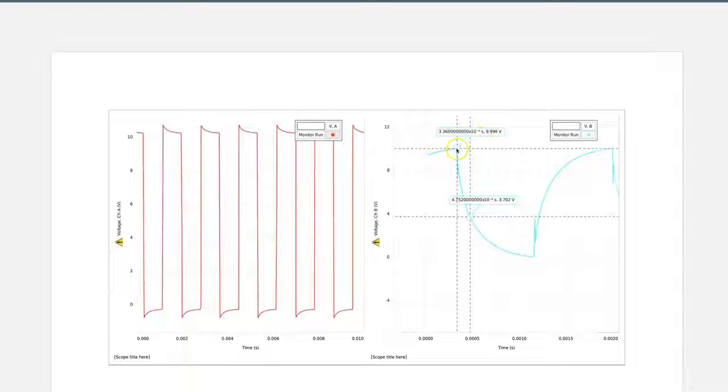This is the maximum value of the voltage, 9.996, and it occurred at 3.36 times 10 to the minus 4 seconds. We took 37% of this value, and then we find from the graph the time here. This is my T1 and this is my T2. We subtract them to calculate tau.